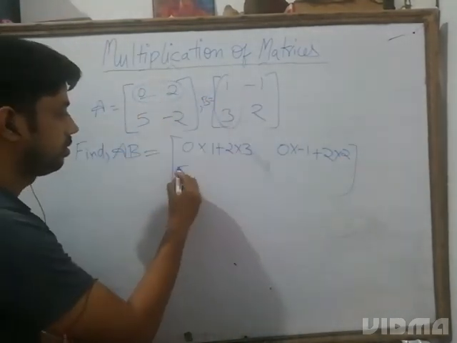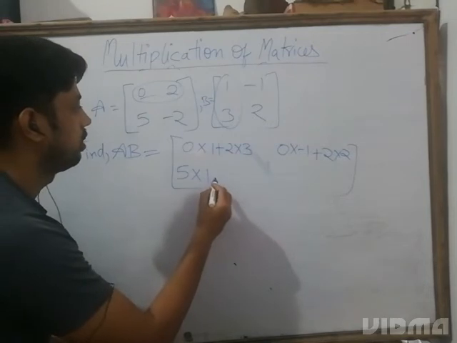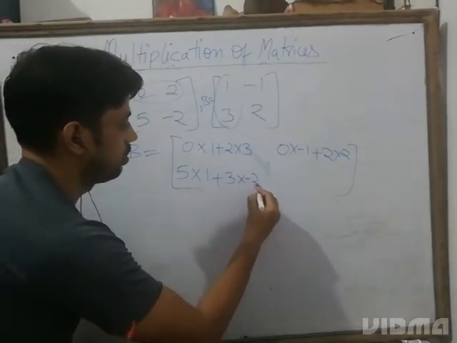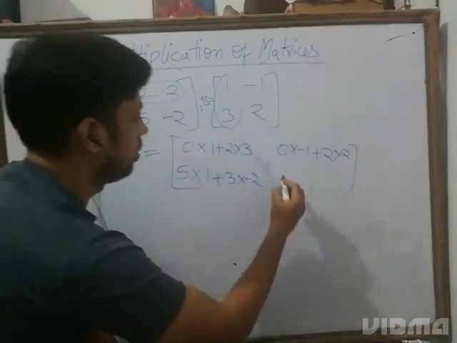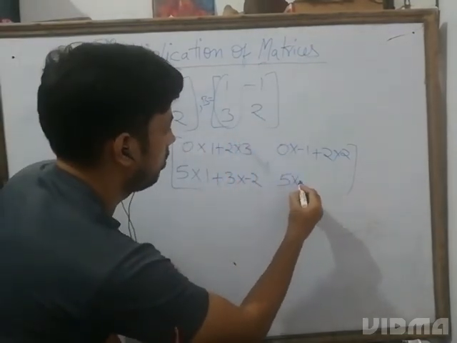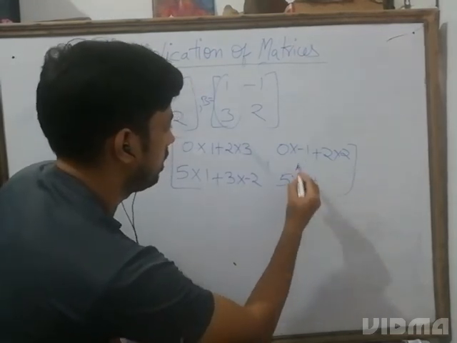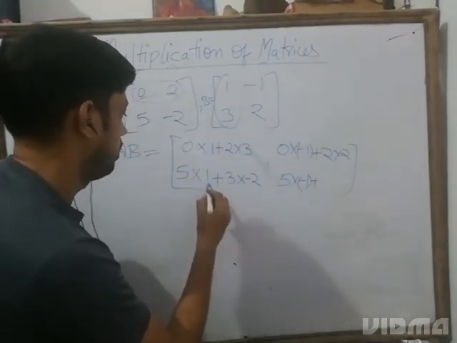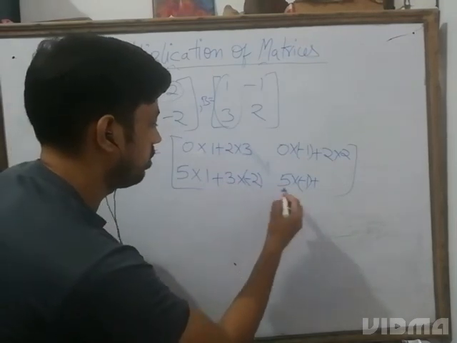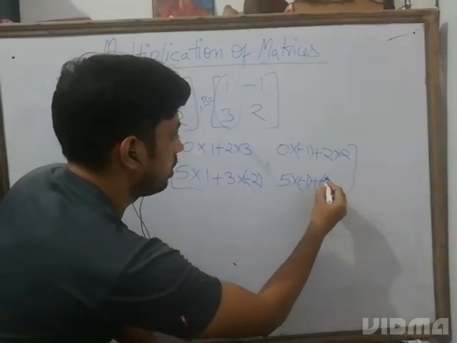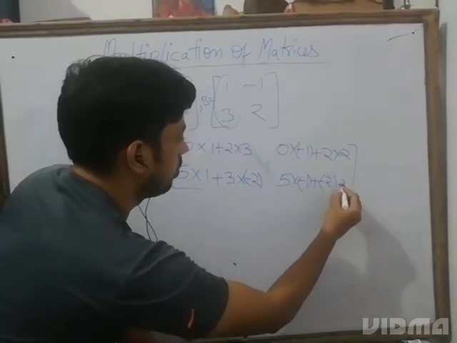Then 5 into 1 plus 3 into minus 2. Then 5 into minus 1 plus 3 into 2, putting the minus-sign numbers in brackets.